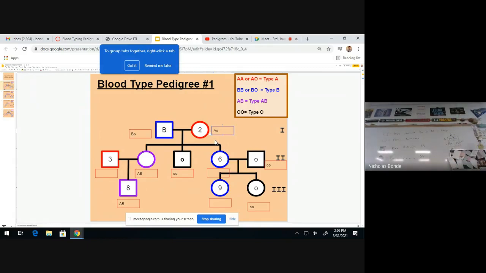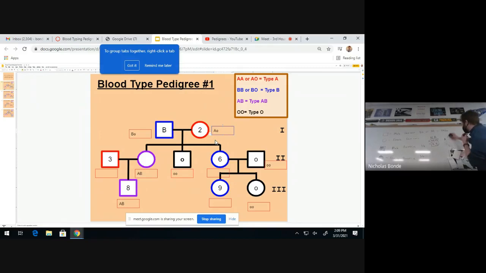Now, if I had one of those be BB, which is the other option for them, just doing it to prove a point, that OO isn't possible. It doesn't show up anymore. So both of those have to be AO.